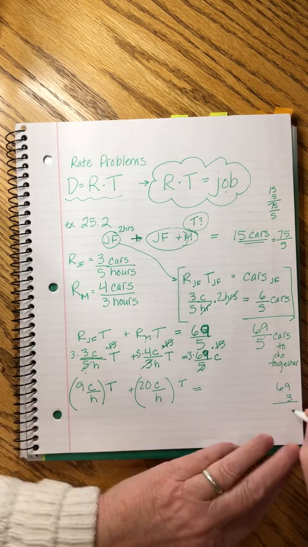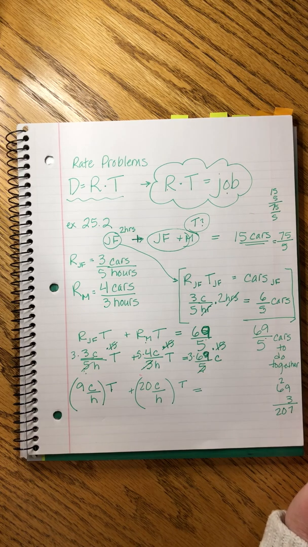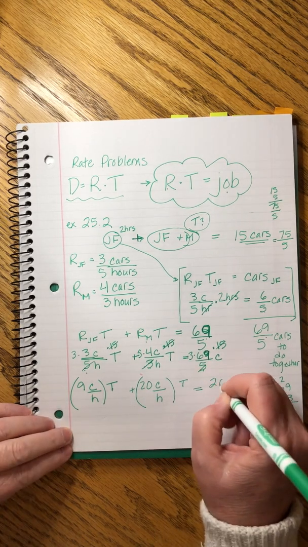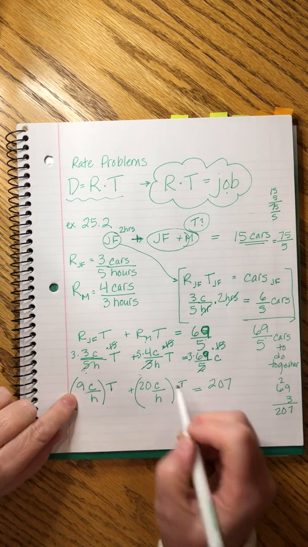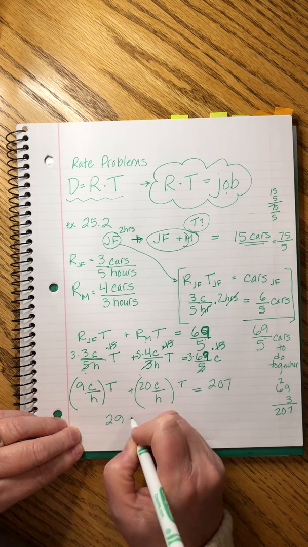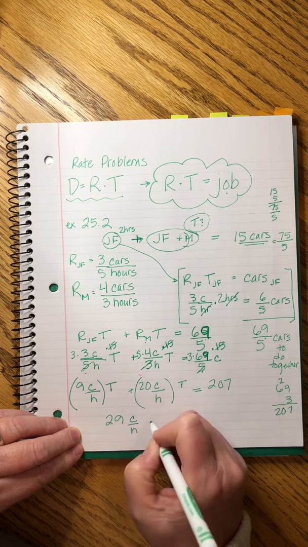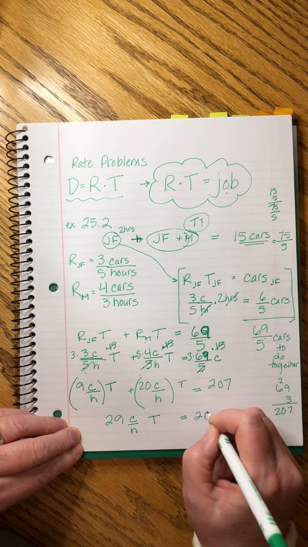Let's do that. 27, 207. Does that make sense? So now we can add these together and we get 29 cars per hour time equals 207.